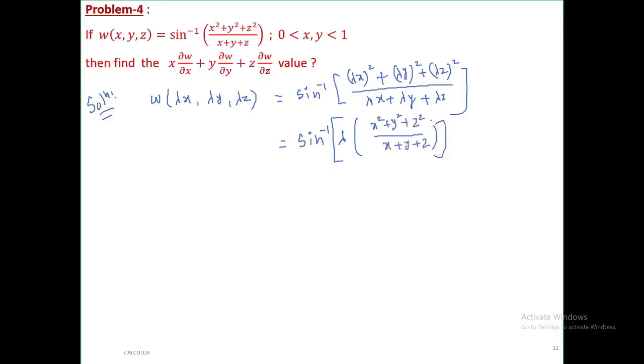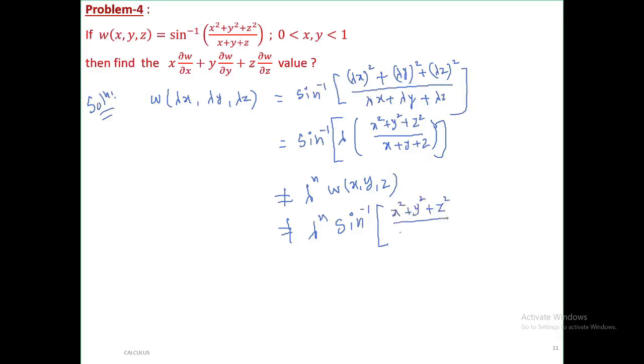But this is not exactly equal to lambda power something into again w of x comma y comma z. It is not like this, right? Therefore it is not a homogeneous function. Therefore it is not equal to lambda power n times w of x comma y comma z. What I mean to say is lambdas will not come out from the sine inverse. That's why it is not a homogeneous function.